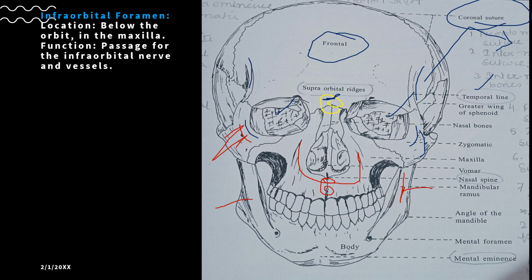These little dots that you can see on the mandible are known as mental foramen, the holes, and under this mental foramen there is a depression which is known as mental eminence. Though these two are not very major points.